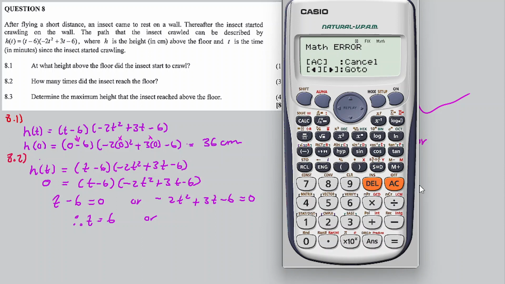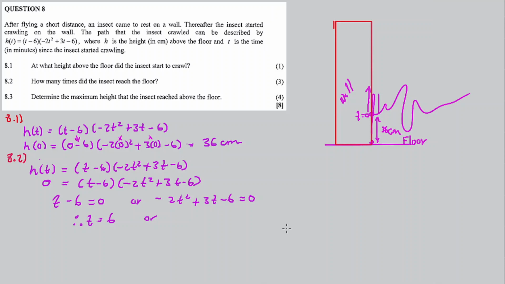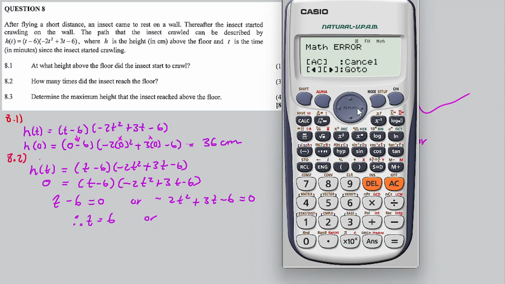Okay, I'm sure I inserted these values correctly. It says math error, it means for this equation I don't have solutions. I can even do negative now.